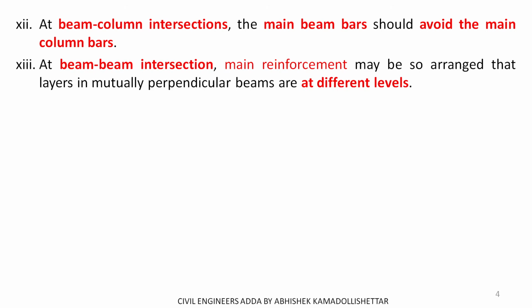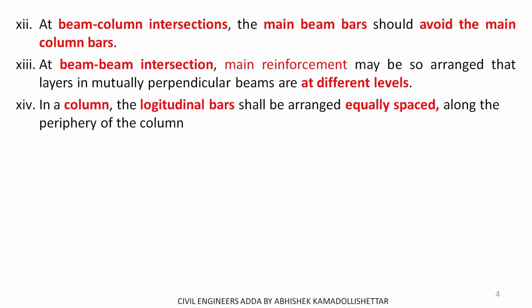At beam intersection, main reinforcement may be so arranged that layers in mutually perpendicular beams are at different levels. For the representation point of view, you can indicate the bars at different levels. Suppose you are getting confused in the same straight line, or you are unable to represent it, you can go for different levels. Little bit you can put it downwards, with some offset.